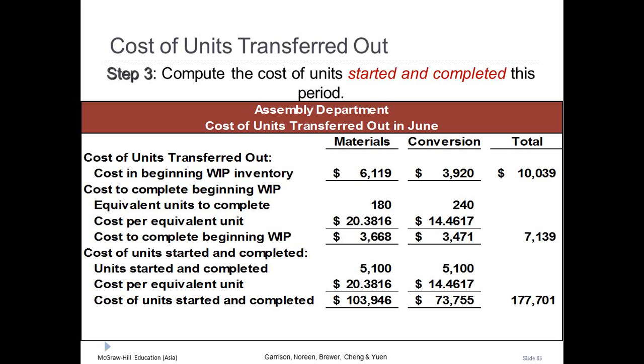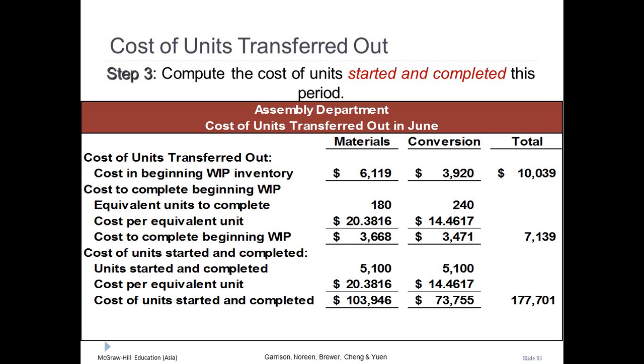The third component of the computation is to compute the cost of units started and completed this period. The first step is to record the units started and completed this period, which is 5,100 units for materials and conversion. The second step is to record the cost per equivalent unit, 20.38 and 14.46.